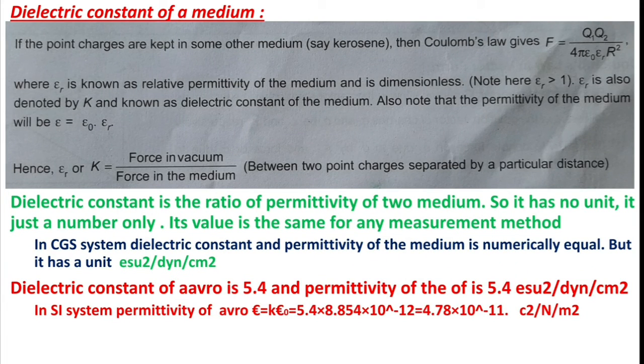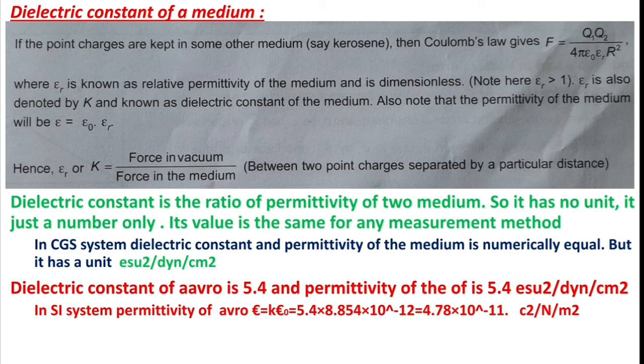The dielectric constant is the ratio of the permittivity in any medium to the permittivity of vacuum.